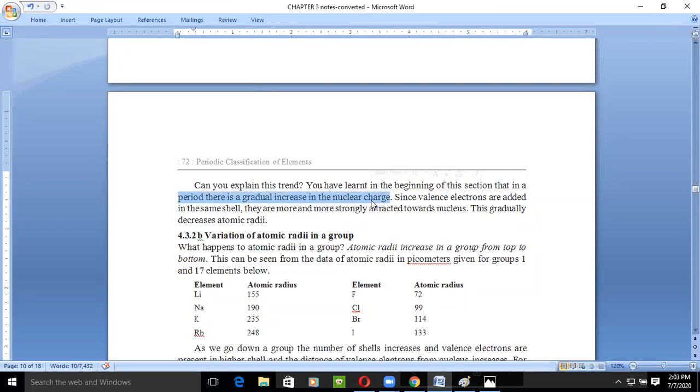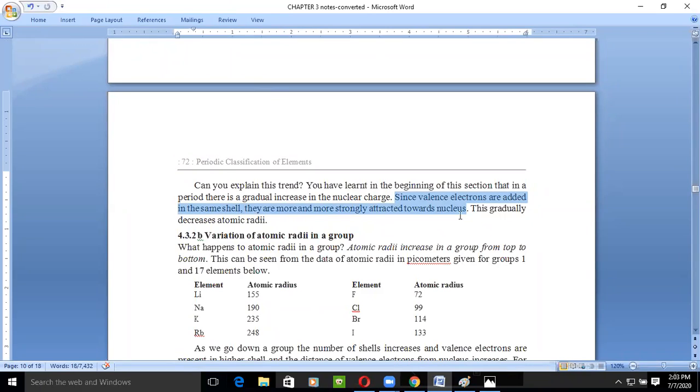Since the valence electrons are added in the same shell, they are more and more strongly attracted towards the nucleus. This leads to a decrease in atomic size. So this is the reason that atomic size decreases along the period from left to right.